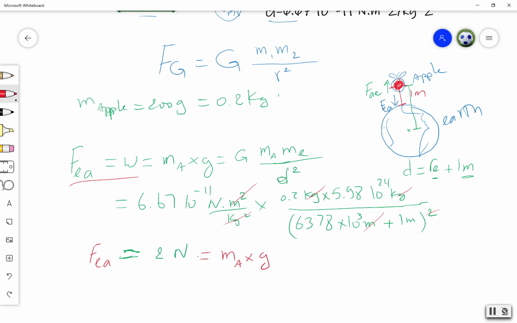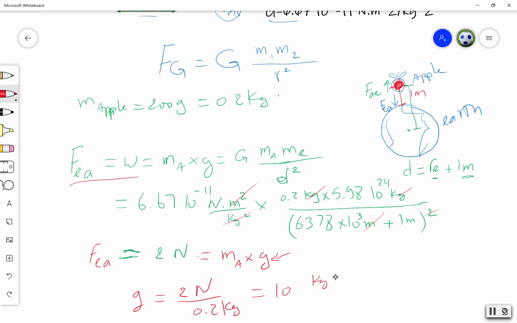Now, because we want to calculate this acceleration, g equals 2 Newtons divided by the mass of the apple, which is 0.2 kilograms. So 2 divided by 0.2, I think it's just 10. Equals 10.